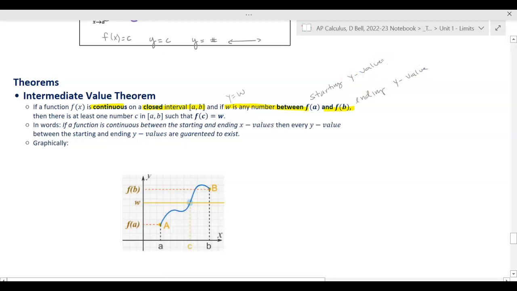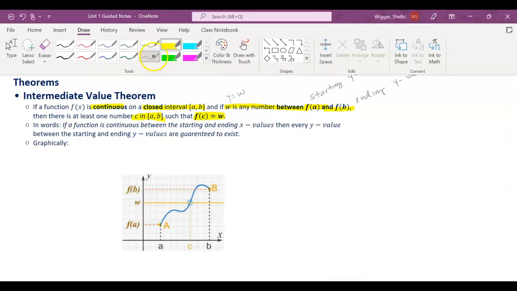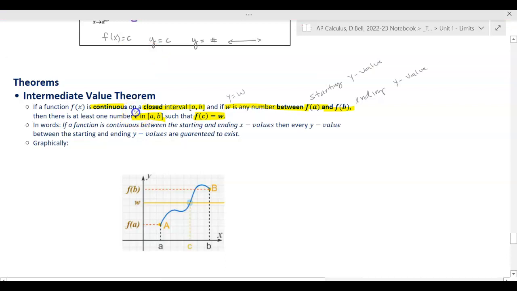So if w is any number in between the starting and ending y values, then there's at least one number c between a and b such that f of c equals w. So c is an x value in between a and b that will take us to that desired y value.